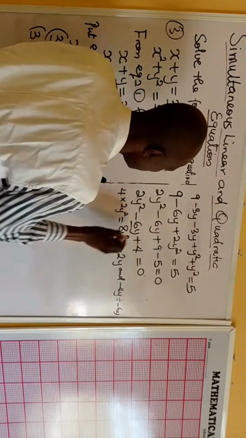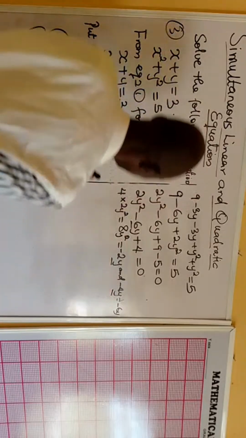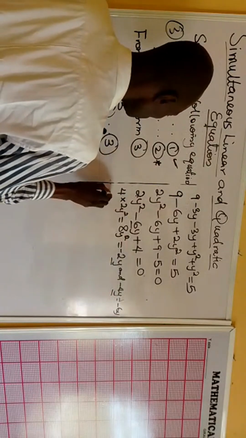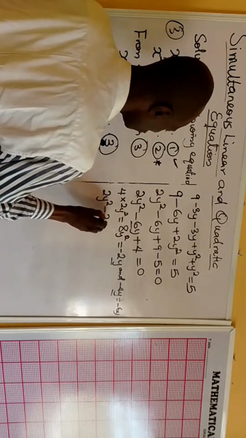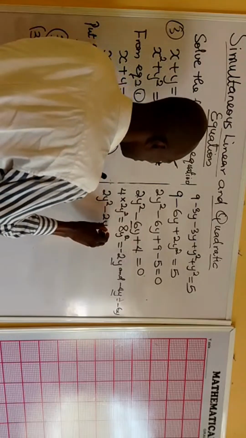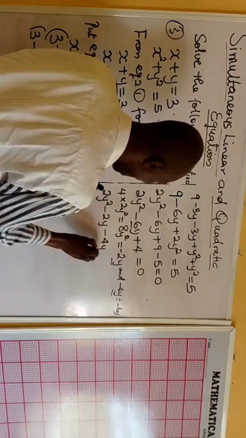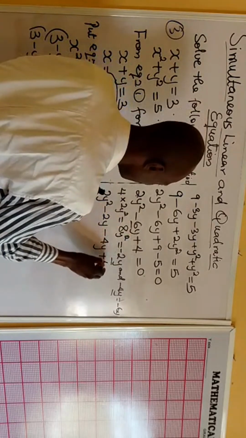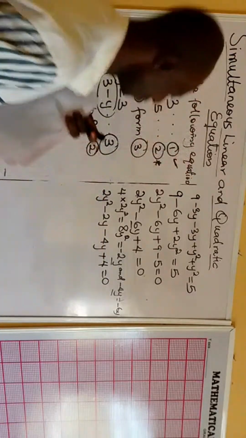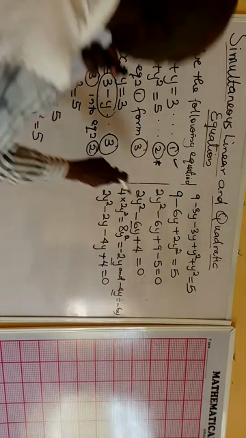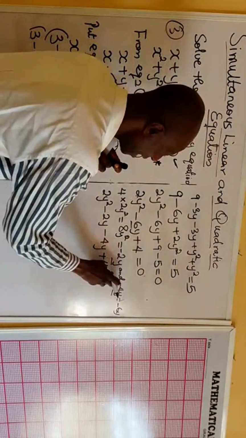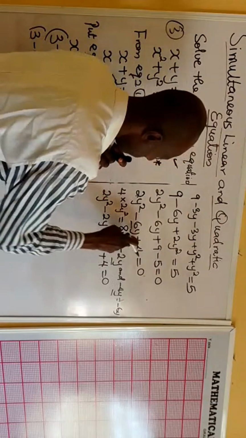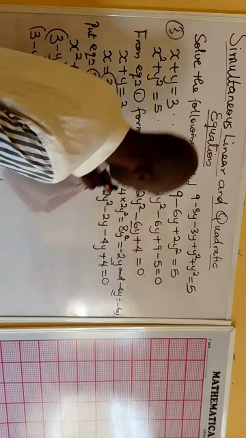So in place of this, I will put these two values, which simply means 2y squared minus 2y minus 4y plus 4 is equal to 0.